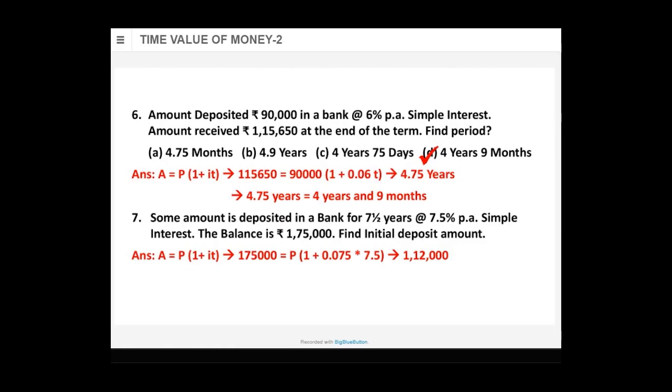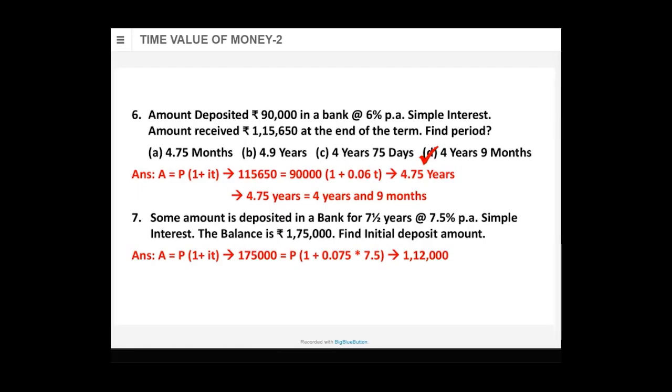And now you know how to convert it. 0.75 into 12 will give you 9 months. So 4 years and 9 months. Look at those options A, B, C, D. You're bound to make such mistakes. Be careful. It's not 4.75 months.